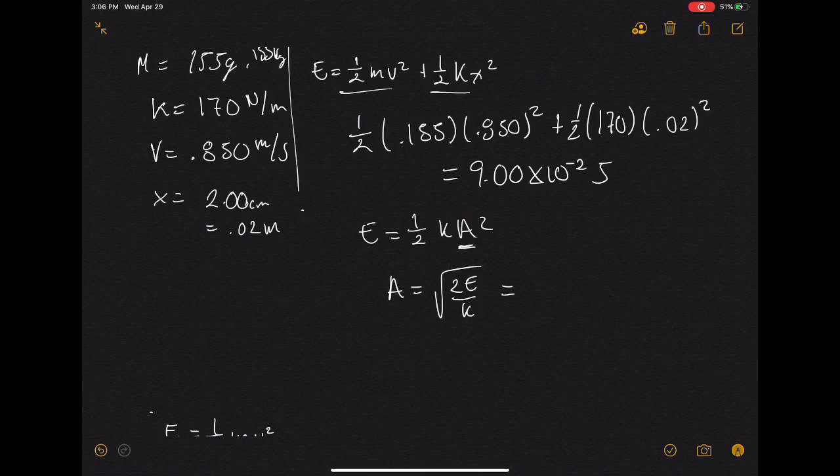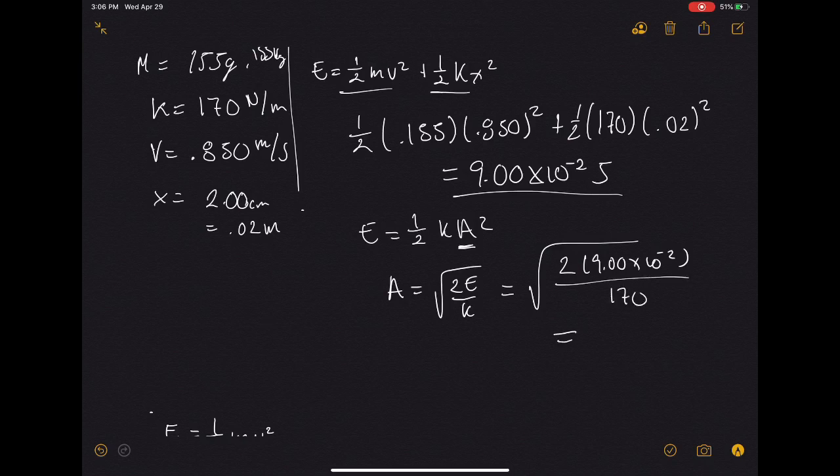So now we just have to plug in the information we got. So we know the energy is that, so 2 times 9.00 times 10 to the negative 2 over 170, and that's going to give us 3.25 centimeters. And that's the answer for part A.